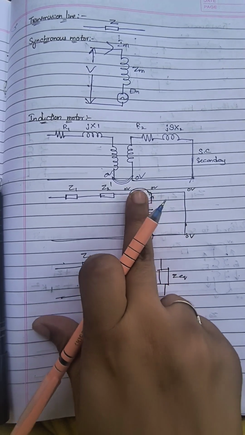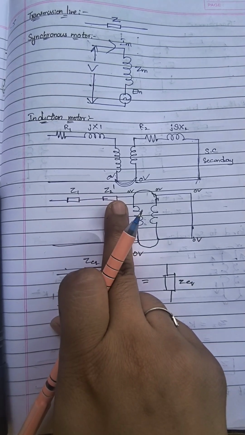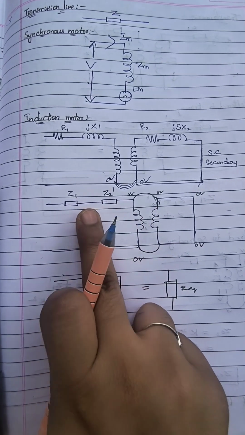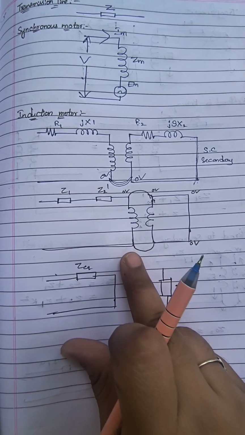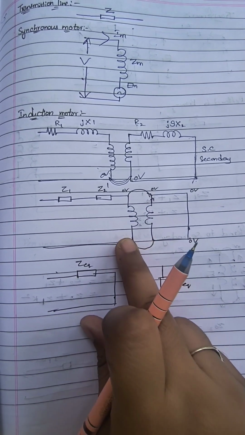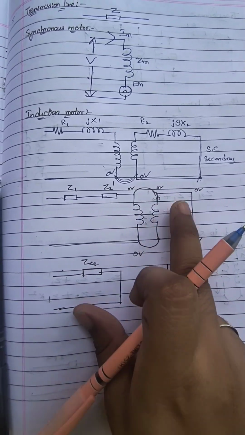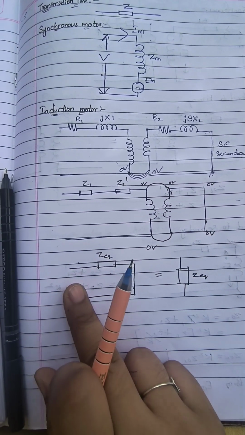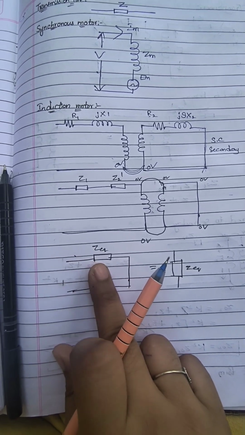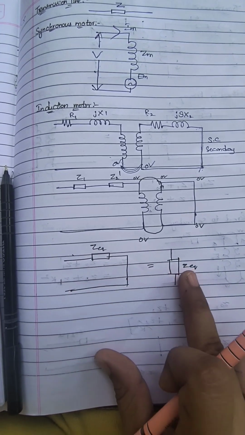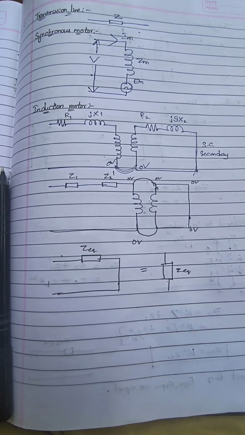When the circuit is referred to primary, here Z1 and Z2 dash, these are impedances referred to primary, and the voltages on this side and this side are the same, that is 0 volts. So we can neglect this part, and we can take Z equivalent only. Simply, the induction motor can be represented as Z equivalent.